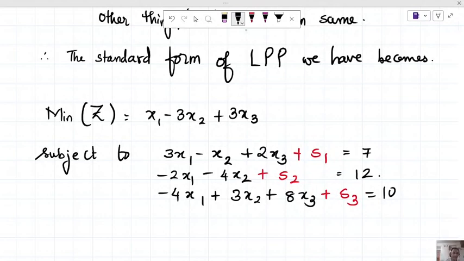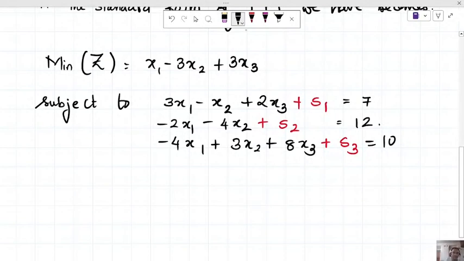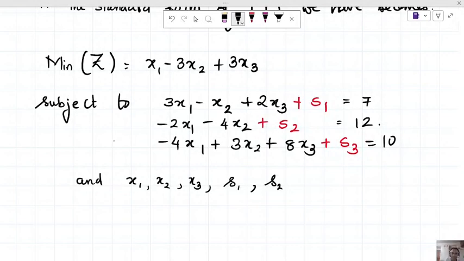Now we added 3 new variables, so another condition we will write here, and x1 x2 x3 s1 s2 s3 are greater equal 0. So here we can add them, that is 0 s1 0 s2 0 s3.